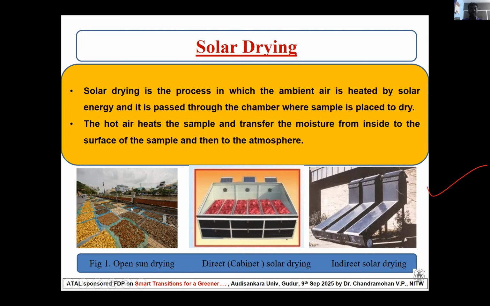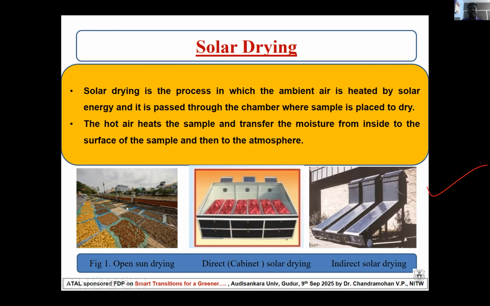And then the dust particles will be accumulated on the food products. That is another issue. The final product may not be very fresh, since it is put in the air or on the road or in the open land or on the rooftop, definitely dust particles will settle. Along with these three disadvantages, another major problem is that color degradation will be there.